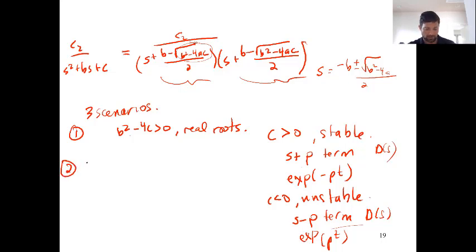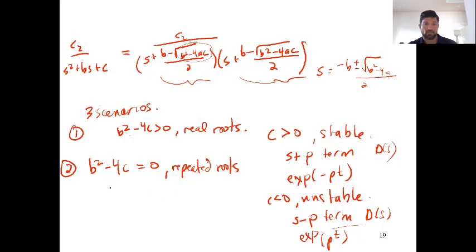A second scenario could be if b squared minus 4c equals 0. If this term inside here is equal to 0, then what I have is repeated roots. So b squared minus 4ac is 0, so I'm going to have an s plus b over 2, s plus b over 2.